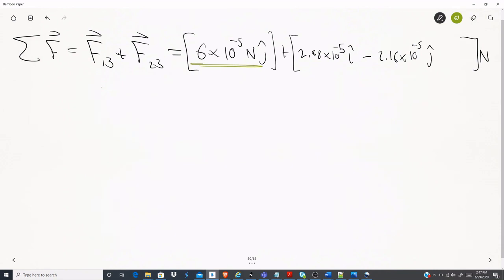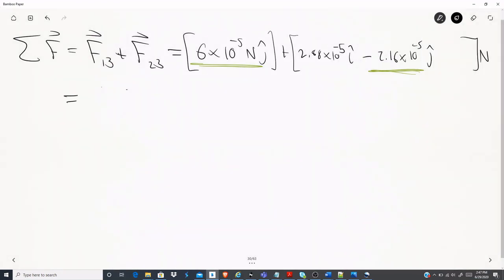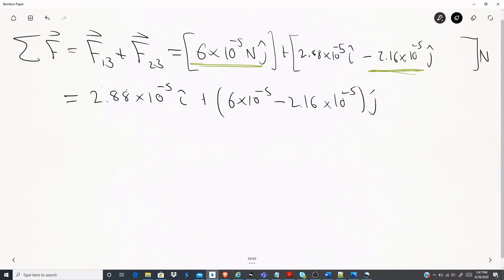So this guy goes with this guy. But there is no i hat component over here, so the i hat here is just going to be left alone. So I'm going to get 2.88 times 10 to the negative fifth i hat plus 6 times 10 to the negative fifth minus 2.16 times 10 to the negative fifth j hat, all in newtons.